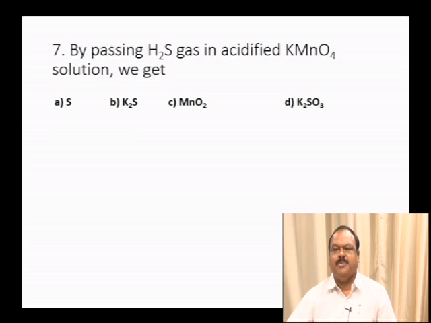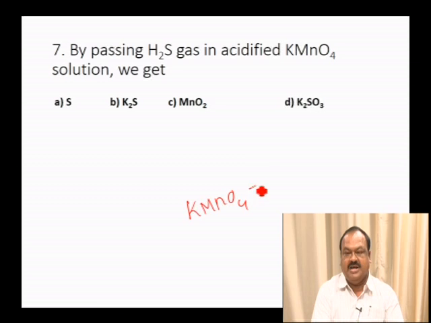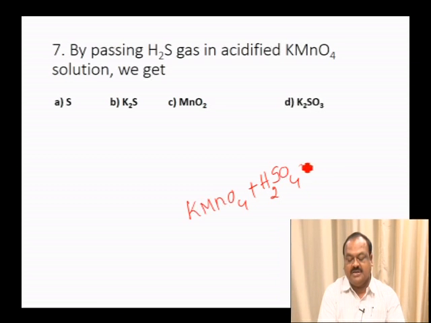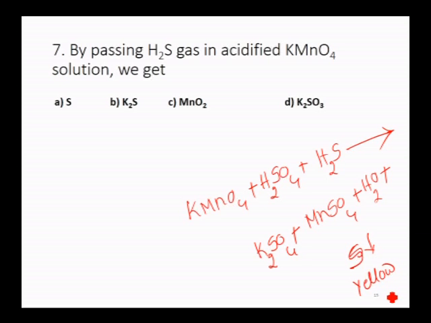Next, by passing H2S gas in acidified KMnO4 solution, we get... acidified KMnO4 plus H2SO4 plus H2S forms potassium sulfate plus manganese sulfate, water and yellow precipitate of sulphur, where acidified potassium permanganate oxidizes H2S to a yellow precipitate of sulphur.